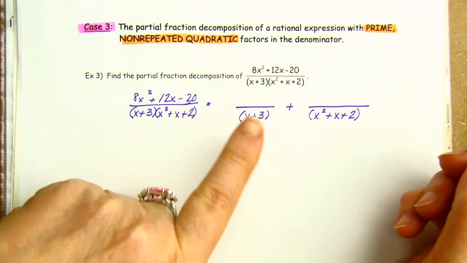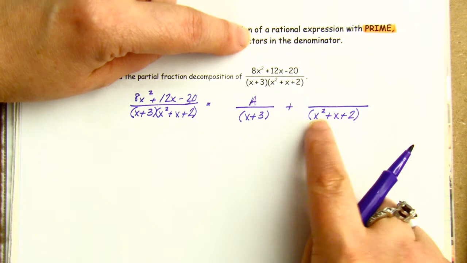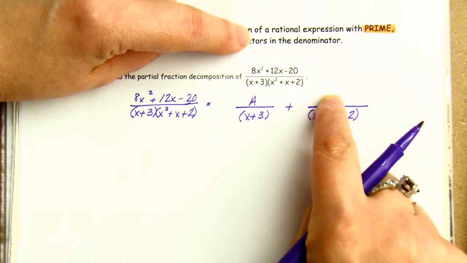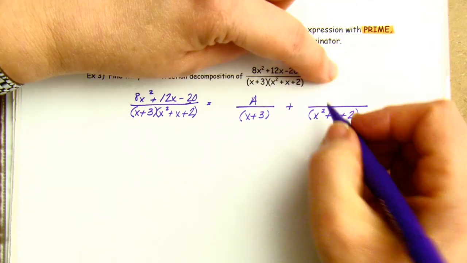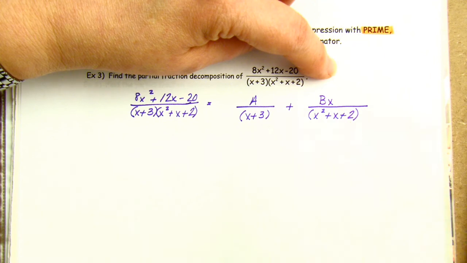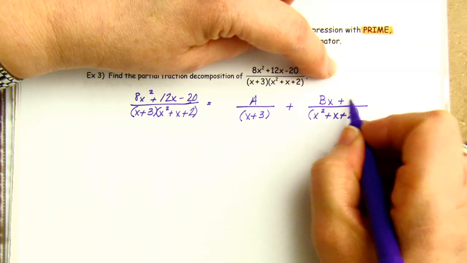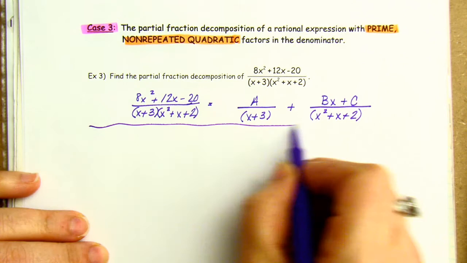Since this is linear, up top is a constant. That's just A. Since this is quadratic, this is going to be 1 degree less, so I need a Bx, right? That's quadratic, I need linear. But I also need a constant, plus C. It's important that you know how to set up the partial fraction decomposition. Now, that's the setup. I'm going to write it again.